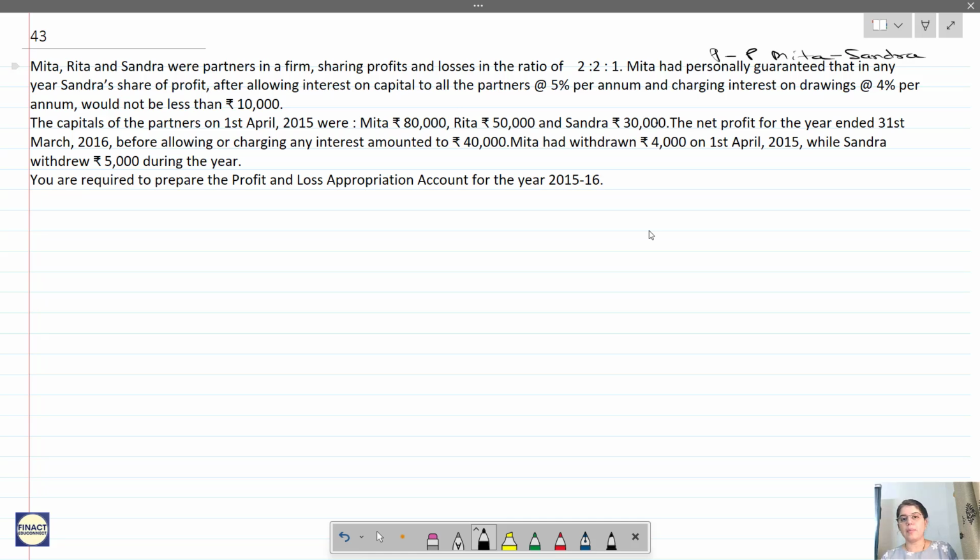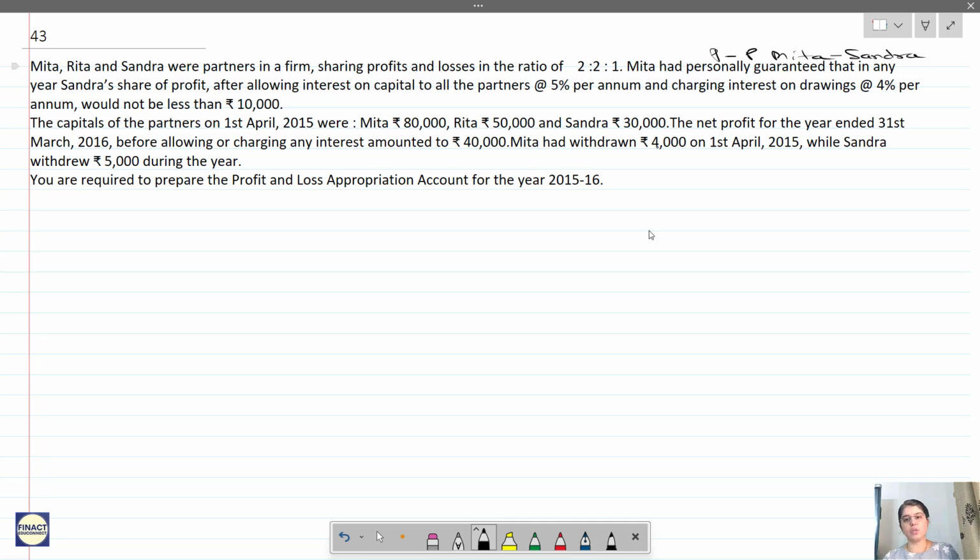Why is the capital balance given? To calculate interest on capital. The net profit for the year ended 31st March 2016 before allowing or charging any interest, that is before deducting interest on capital and before adding interest on drawings, is 40,000. Meeta had withdrawn 4,000 on 1st April 2015 while Sandra withdrew 5,000 during the year.